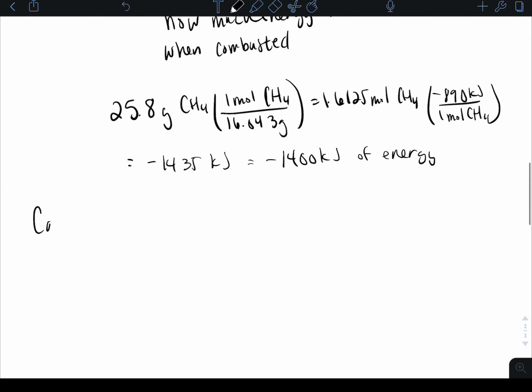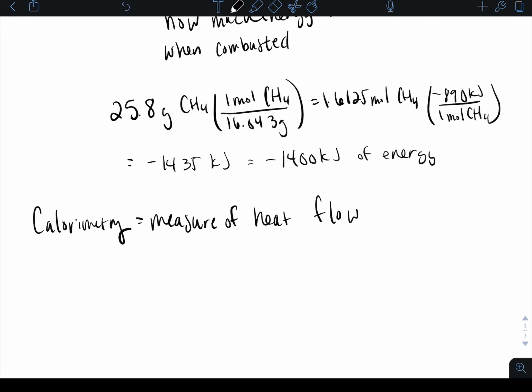Okay, next thing we're going to be looking at is calorimetry. Calorimetry is the measure of heat flow. So we're going to be looking at a closed, or as close to a closed system as we can. So we enclose a system.